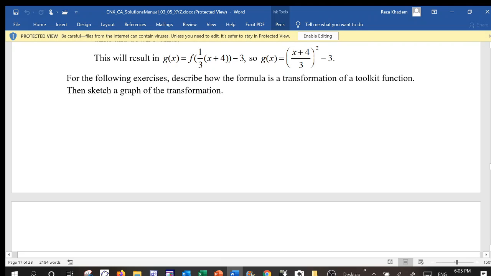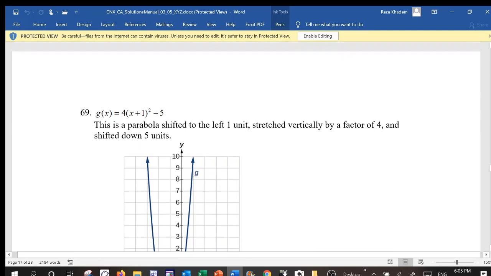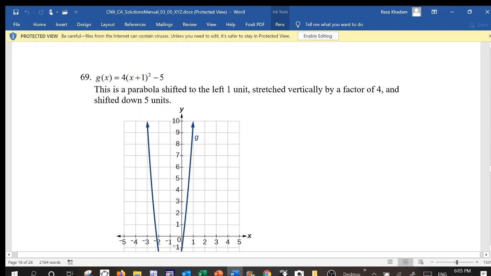It says, for the following, describe how the formula is a transformation of a toolkit function. You just have to say what happens. Well, again, this is how many transformations? 1, 2, 3. So this is an x squared parabola function.